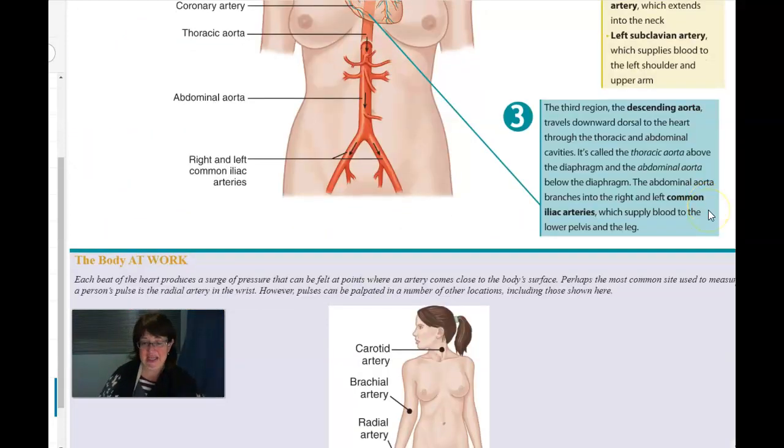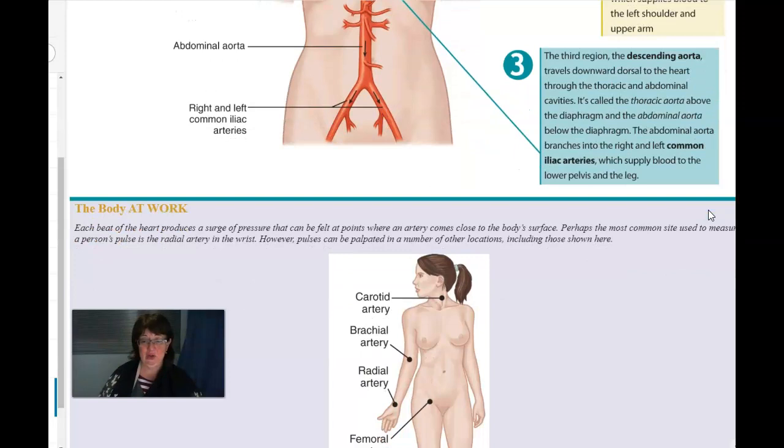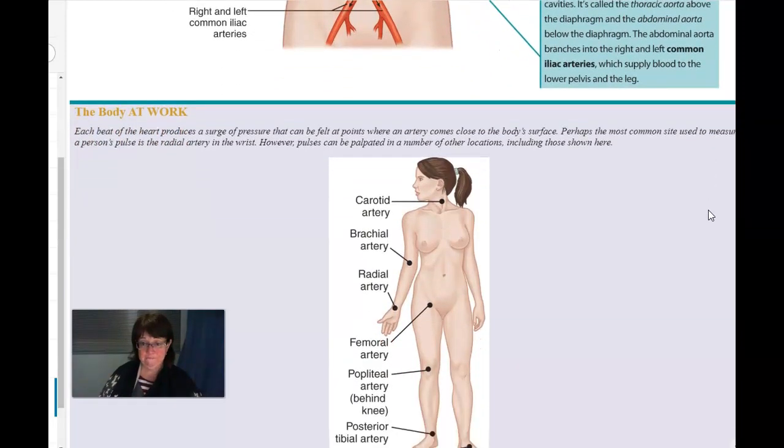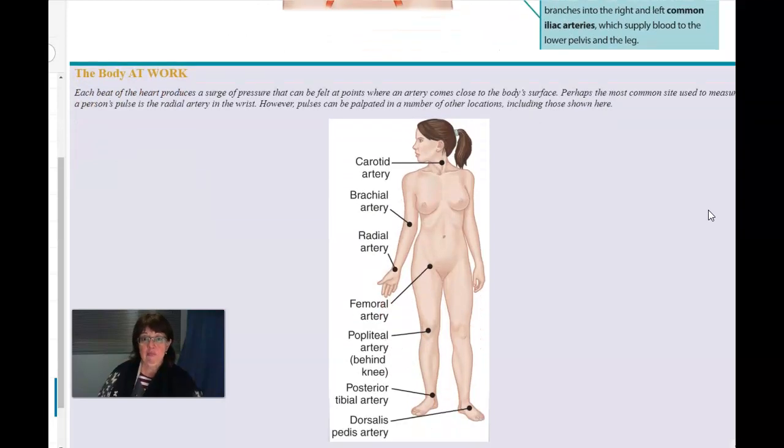Good. Next, I want to look at where you get your pulse from. Most common place to get your pulse is taken on the radial artery, which is above the radius. Okay, radial artery. Then you have your brachial artery, where you take your blood pressure. Often if you're taking it on your neck, it's a carotid artery.